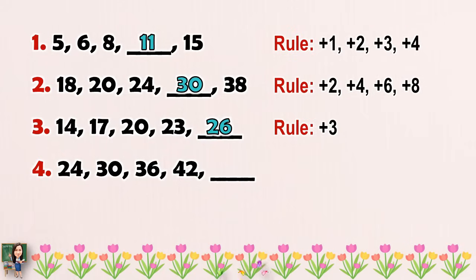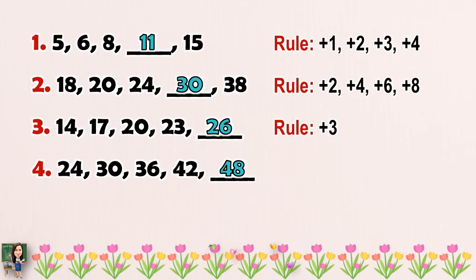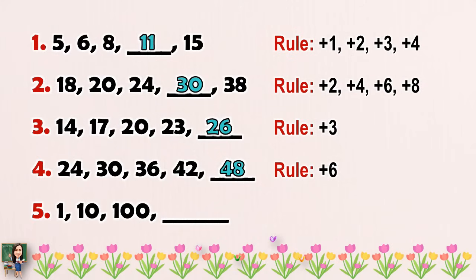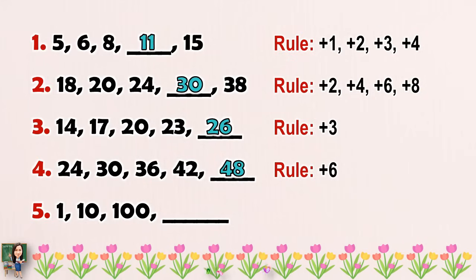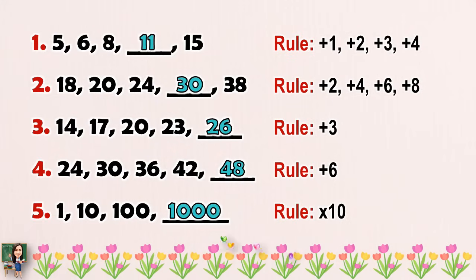What is the missing term? Very good. The missing term is 48. And the rule is plus 6. And number 5, 1, 10, 100. What is the missing term? Very good. The missing term is 1,000. And the rule is times 10.